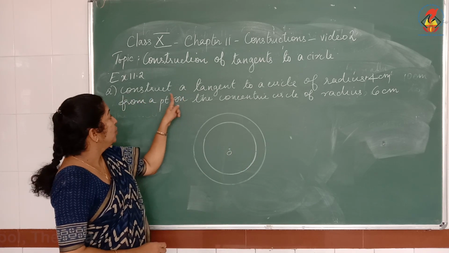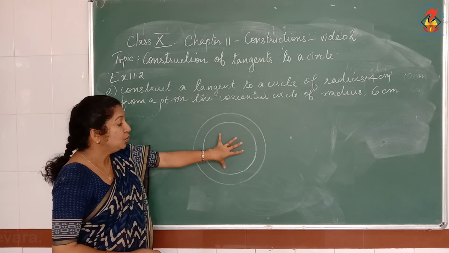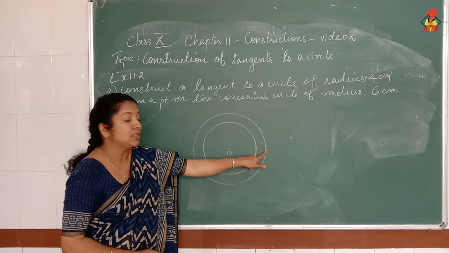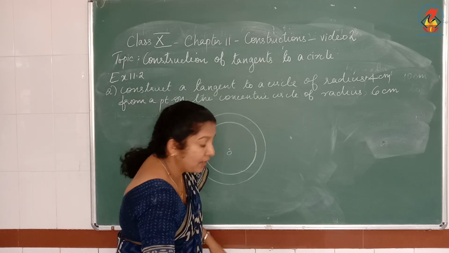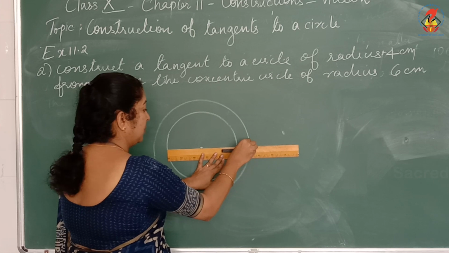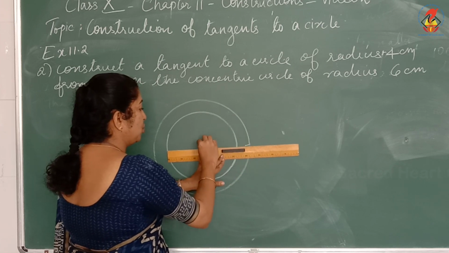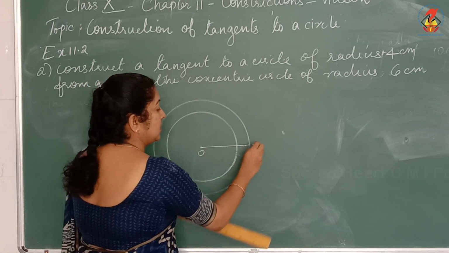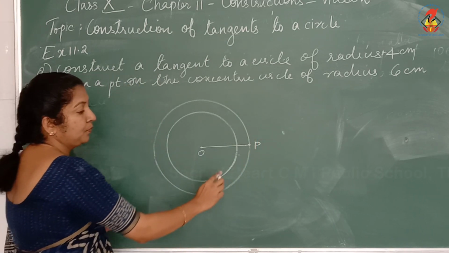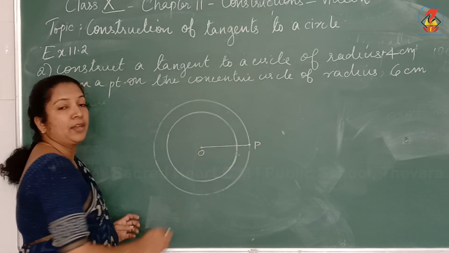What do you have to do? Construct a tangent to this circle from a point on the larger circle. So we mark a point here and join these two, marking it as OP. We have to draw the tangent from this point.